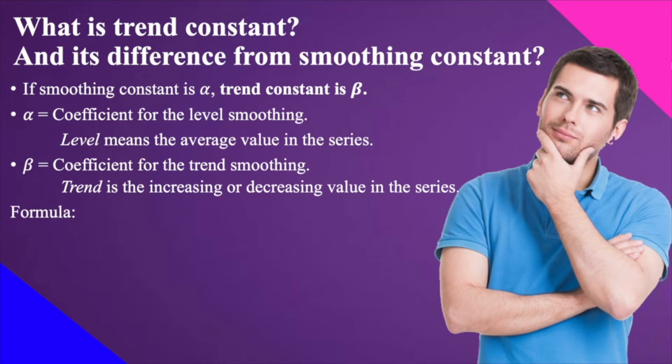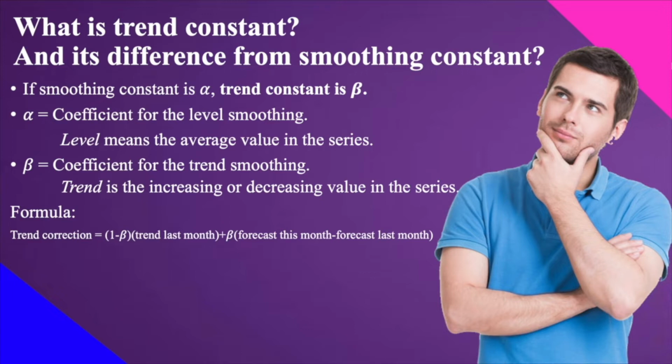Okay, for the formula, we actually have two formulas here to be able to compute for our forecast with trend. First of all, we have the trend correction formula. The trend correction is equal to 1 minus beta multiplied by the trend last month, plus beta multiplied by the difference of the forecast this month and the forecast last month.